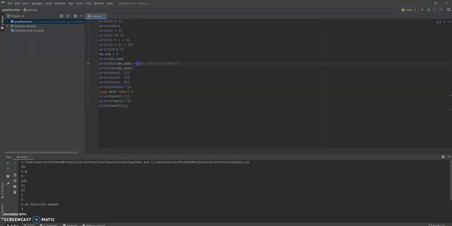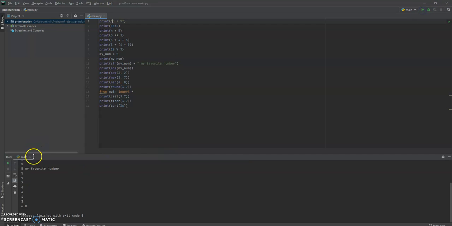I'm printing something that is not really something to put in quotes, because I don't want it to print exactly what it says. If I put it in quotes, do you know what will happen? I don't think you guys know.